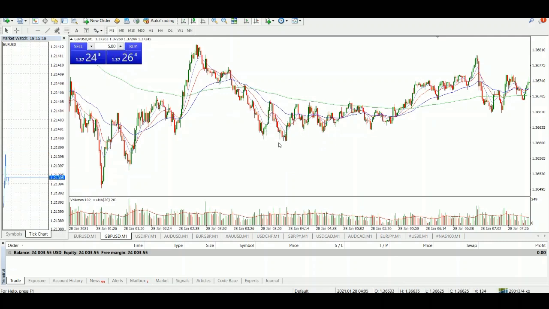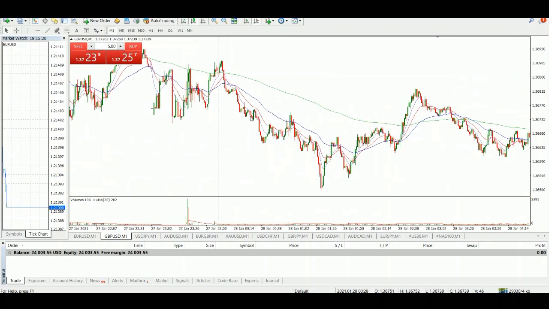No. The other EMAs are used to track your order. That's it. So for example, in this one, what do I mean by tracking your order? This order here, this selling from there, let's say, this order is moving very fast. It's coming to you in a fast way. Why? Because price is always below EMA 9, returning to the first support area between EMA 9 and EMA 20. Okay.